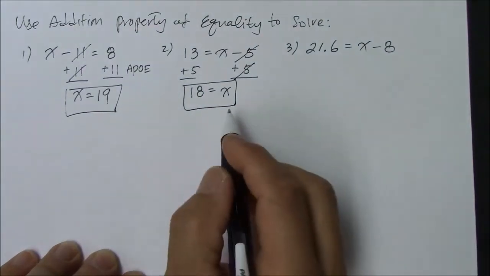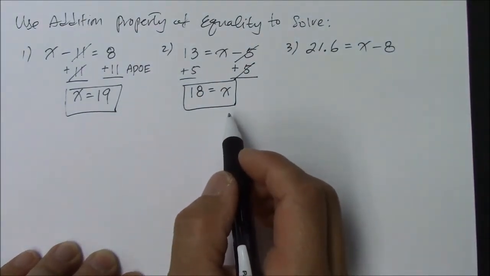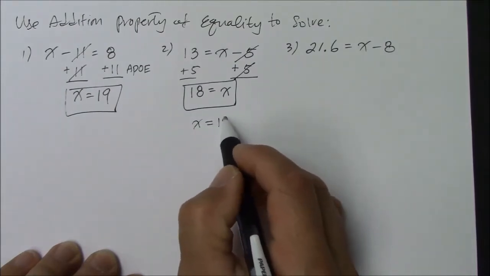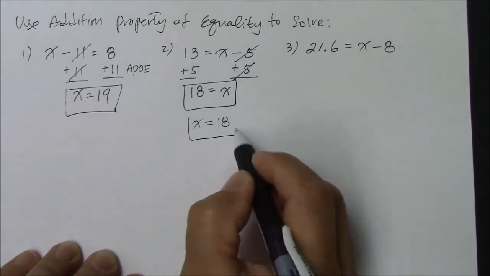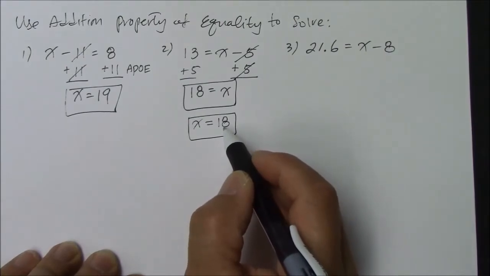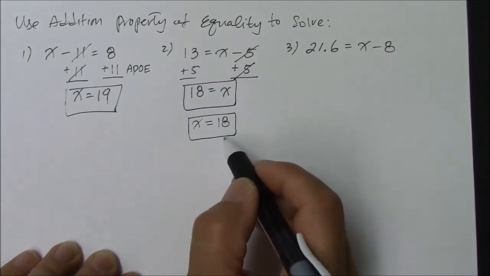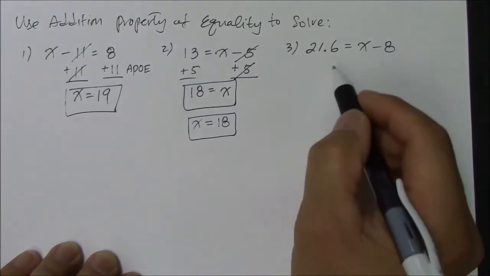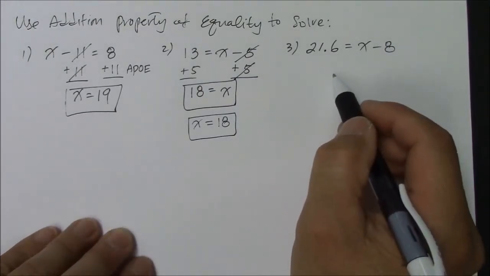And unless your teacher says to put the x on the left side of the equation, either way, it doesn't matter. But if they're picky, give them what they want. There's your answer.